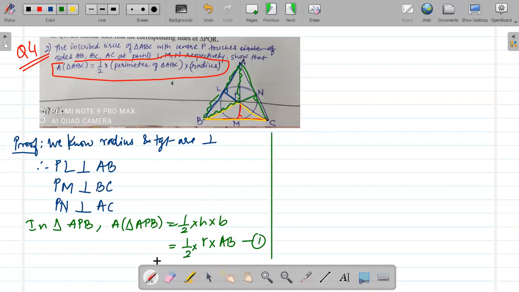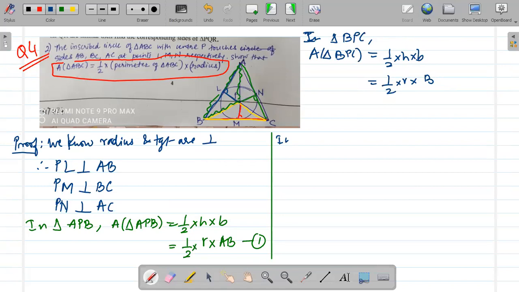Likewise, we work on the next triangle, BPC, the one which I have highlighted in yellow. In triangle BPC, the area is equal to half times height times base. The height in this case is the radius and the base is BC.